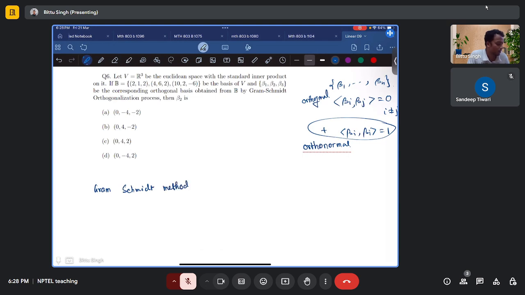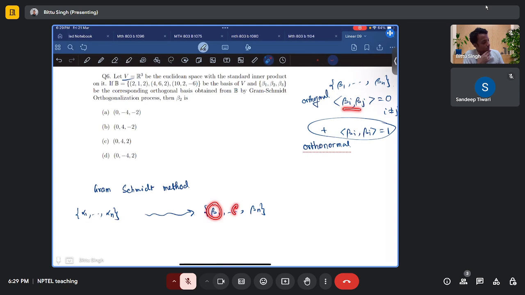Given a collection of vectors alpha 1 up to alpha n, which is a basis for the given vector space V, using the Gram-Schmidt method we can find an orthogonal basis beta 1 up to beta n, which satisfies the additional condition: the inner product of beta 1 with beta 2, or beta 1 with beta n, is 0.